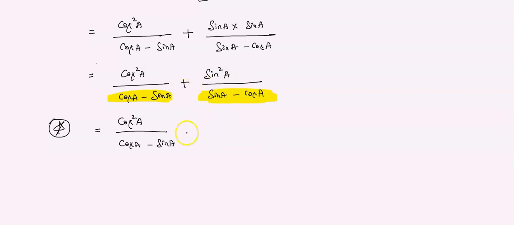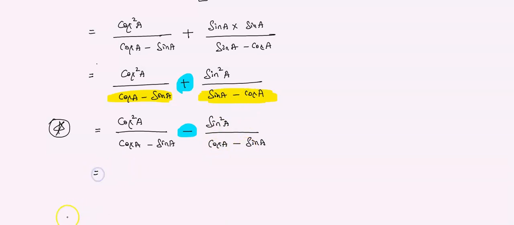So this plus will become minus. Sin square A by, now this minus cos A will become plus cos A, plus sin A will become minus sin A. Any doubts? This is the very important step you should not forget.